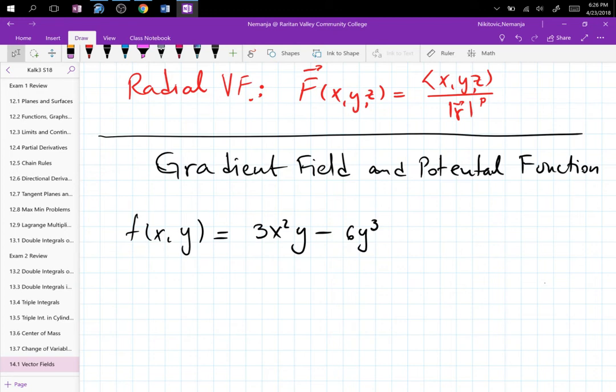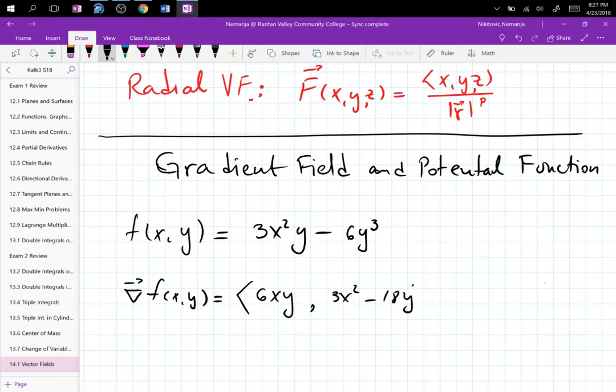Now, what happens if I create del f? What do I get? Six x y, and then for y, we are taking the derivative with respect to y.